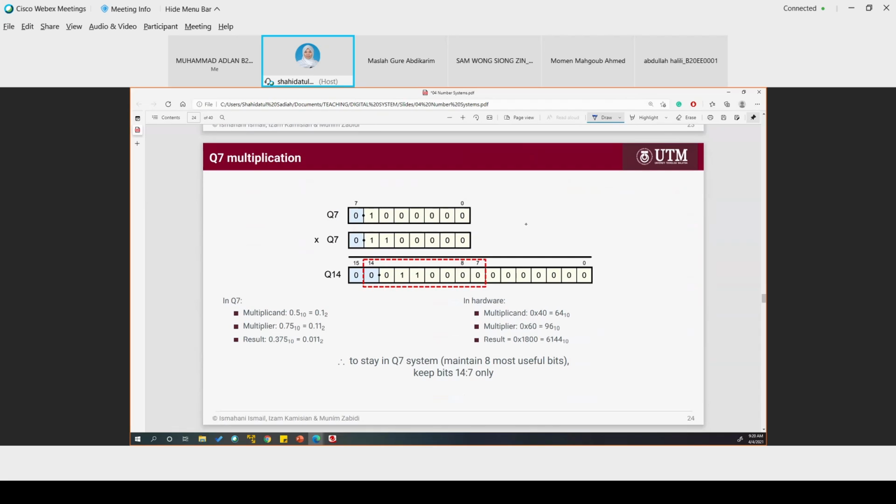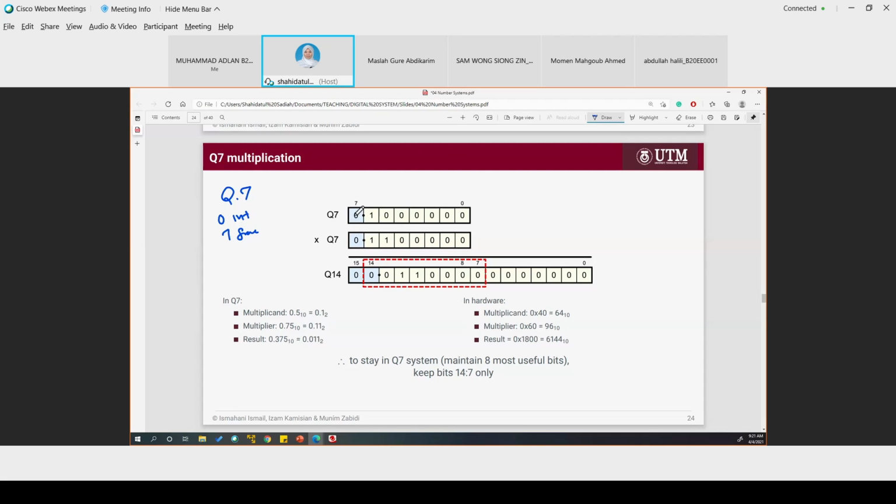What we should do here is to maintain the Q7 format. To maintain the Q7 format, we must have 0 integer bits and 7 fraction bits.